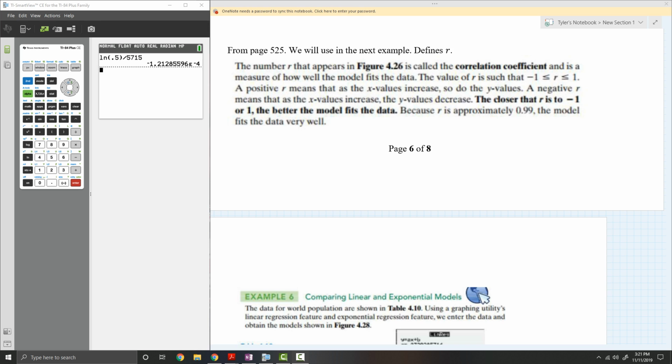Then we're told the closer that r is to -1 or 1, the better the model fits the data. In other words, when your numbers are closer to 0, that's bad. We want them to be closer to 1 or -1. This next sentence will make sense after we look at the next example. So let's look at that.